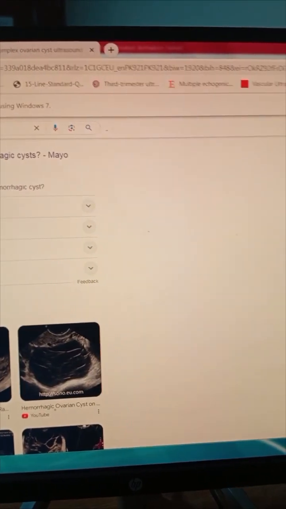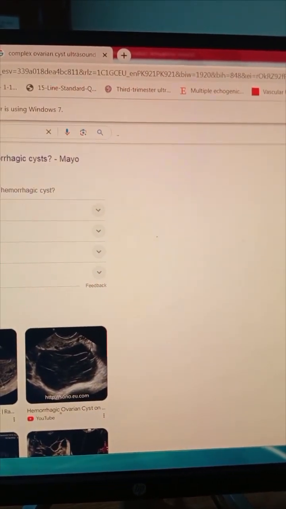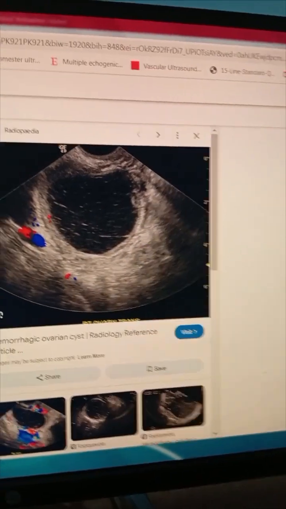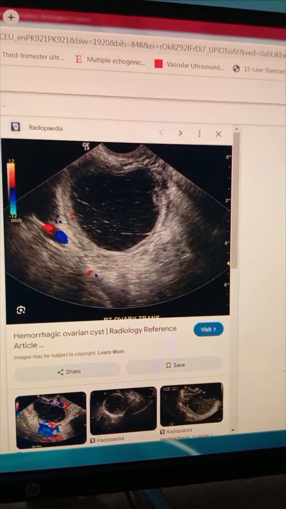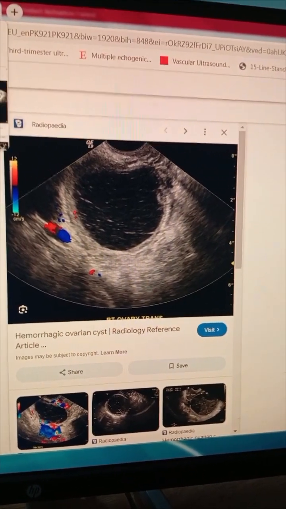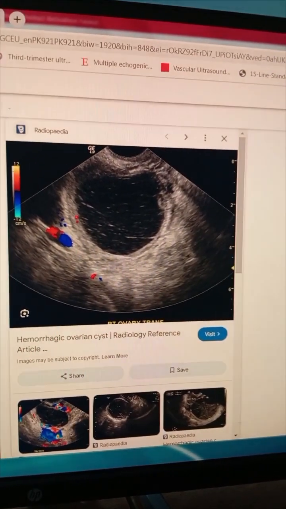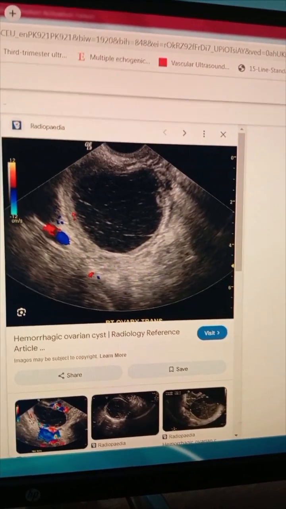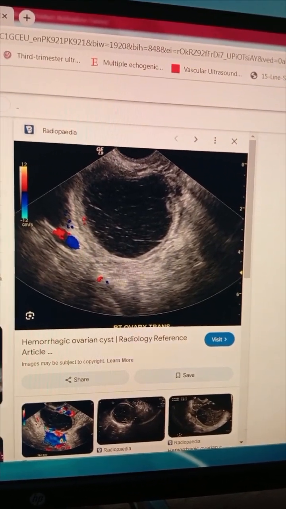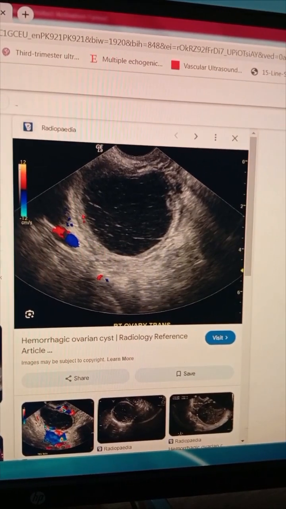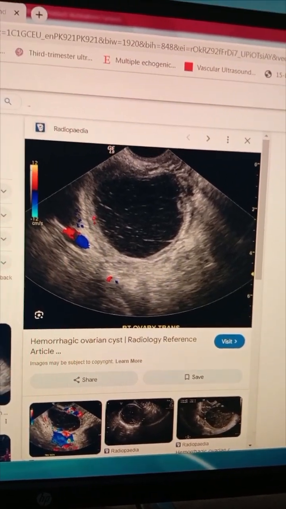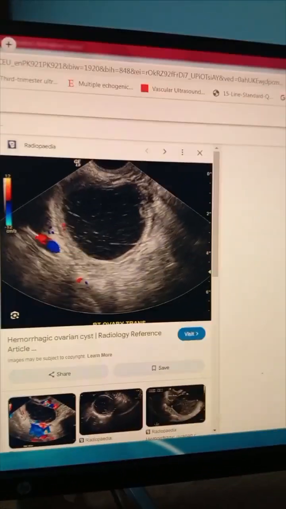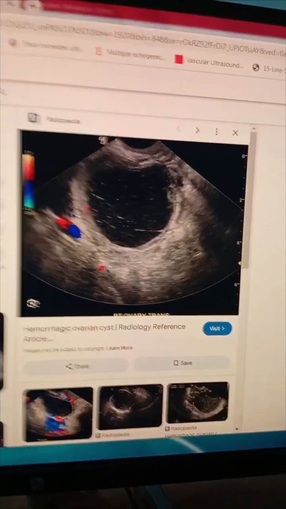It usually has thin septa and debris in it and shows flow on colored Doppler. Complex cysts and hemorrhagic cysts need urgent treatment, while a simple ovarian cyst or follicular cyst needs treatment only if it grows bigger than 5 centimeter. Otherwise it can break in a regular cycle.